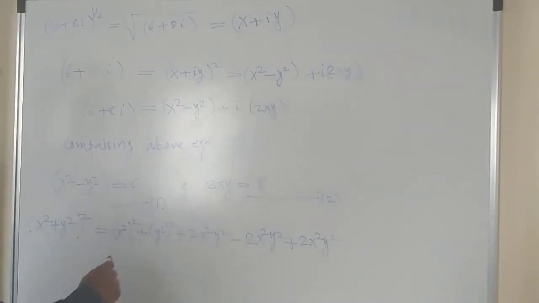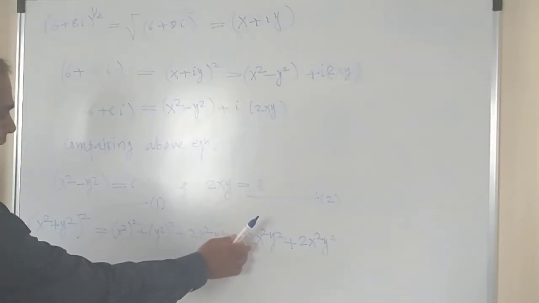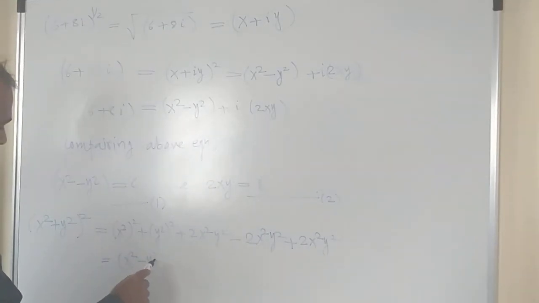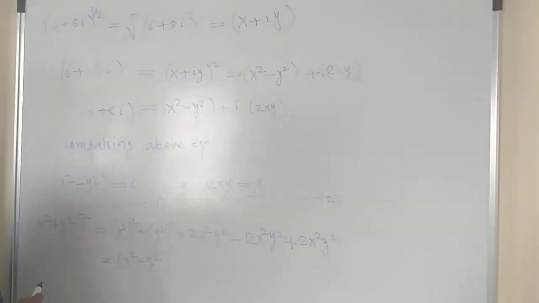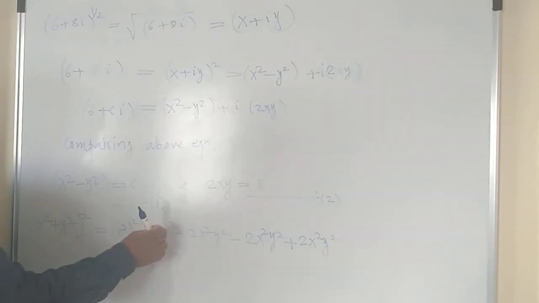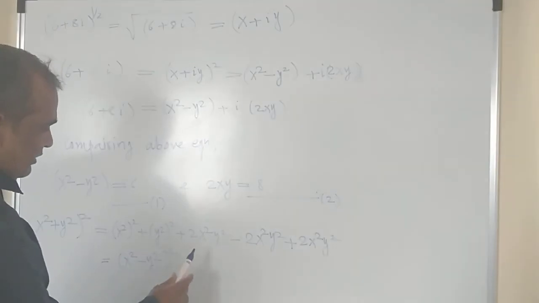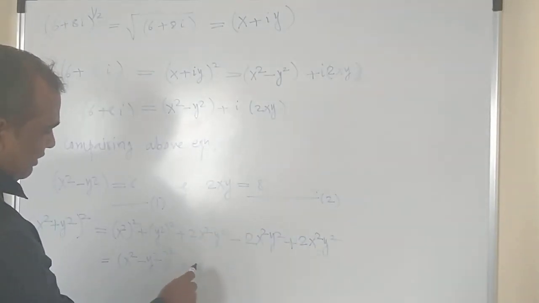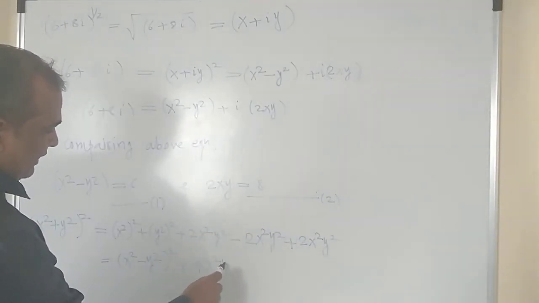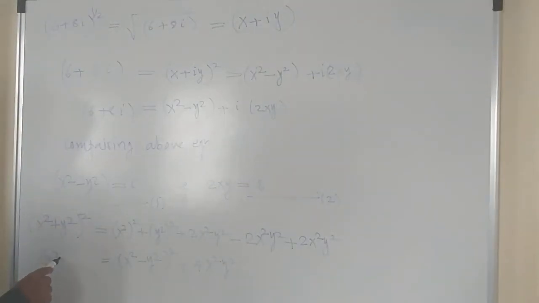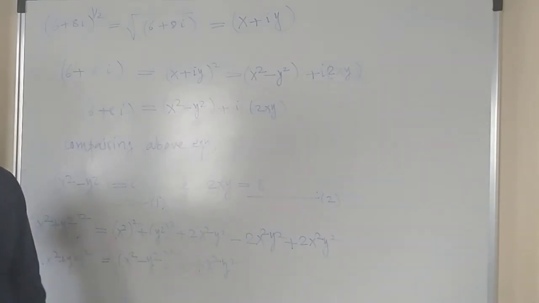Now this term minus this term gives x square minus y square, whole square, because this acts as x and this acts as y, plus the remaining terms: this plus this gives 4 times x square y square. Hope you have understood this step. It is a simple one, but you should understand it.